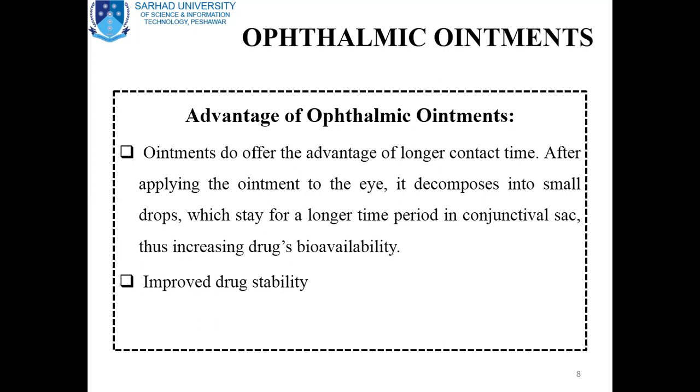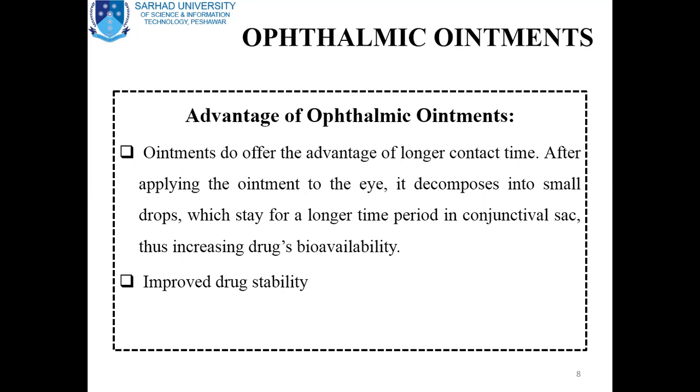If we apply ointment on the eye, it breaks into small drops, and these small drops stay for a longer time period in the conjunctival sac, thus increasing drug bioavailability.